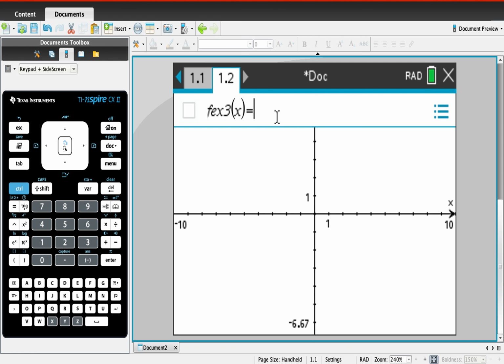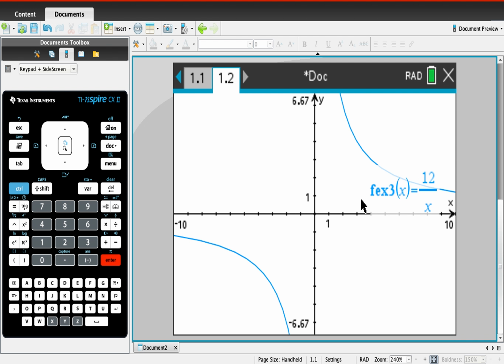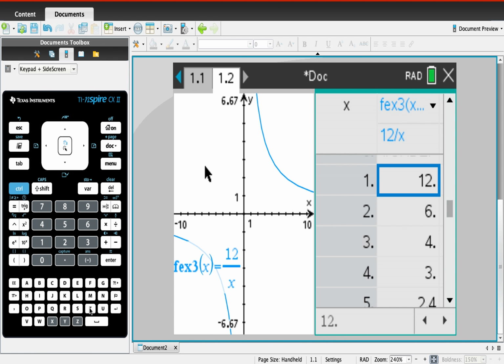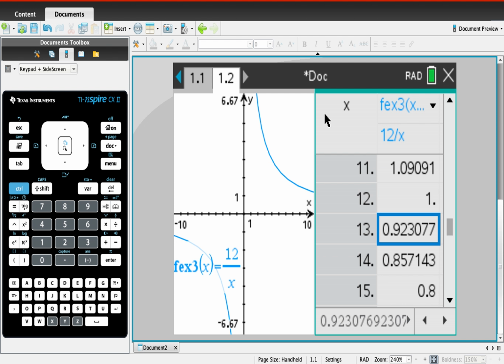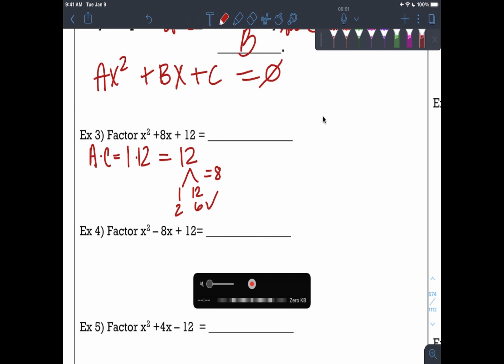And I'm going to type in A times C divided by X. It's going to give me a really crazy graph, but that's okay. I'm just going to look at the table. These are pairings of possible numbers, okay? So 1, 12, 2, 6, 3, 4, 4, 3, and then 5 and 2.4, which of course is not something that we want because we want whole numbers. So we have our numbers.